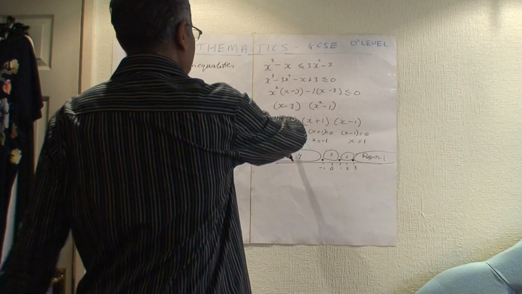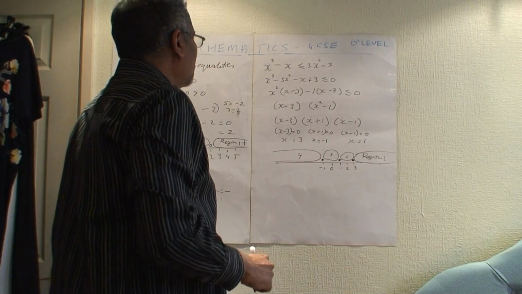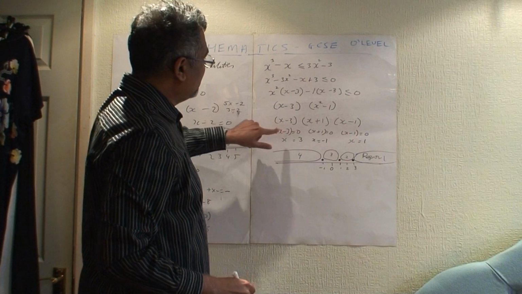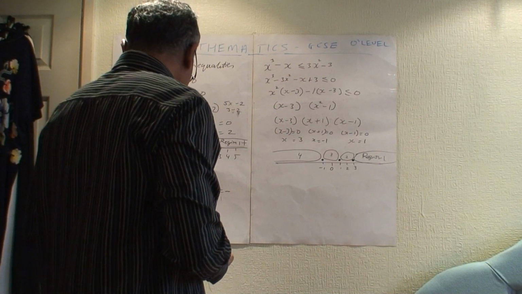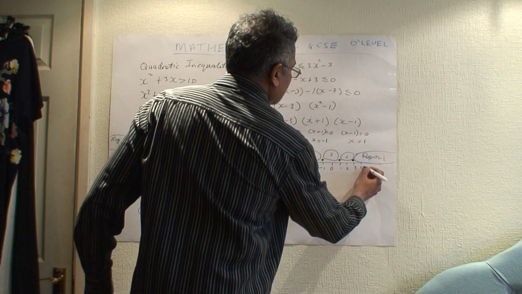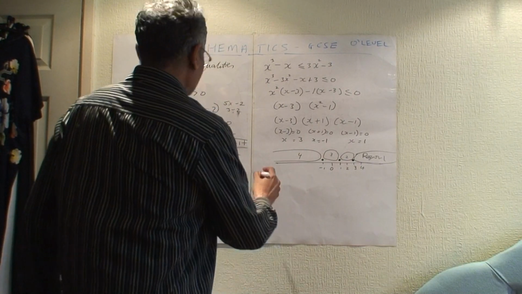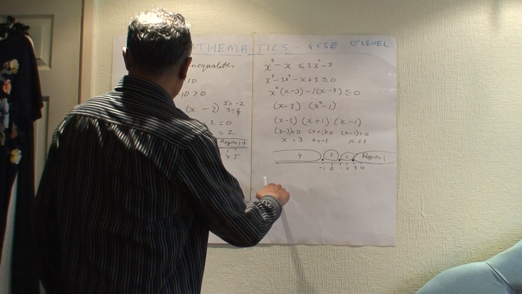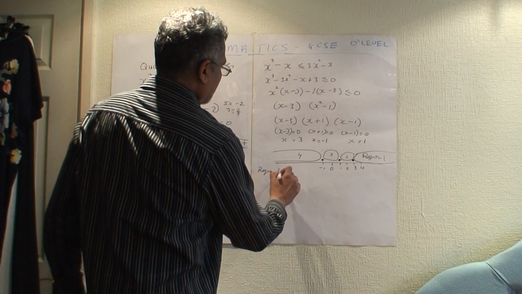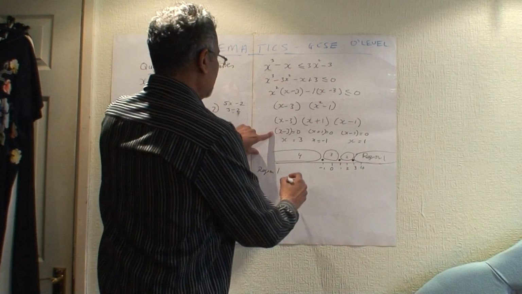The way we do that is that we put in values for x in these expressions here. We substitute x. If we look at region 1, 4 falls into region 1, so we substitute 4 into here.